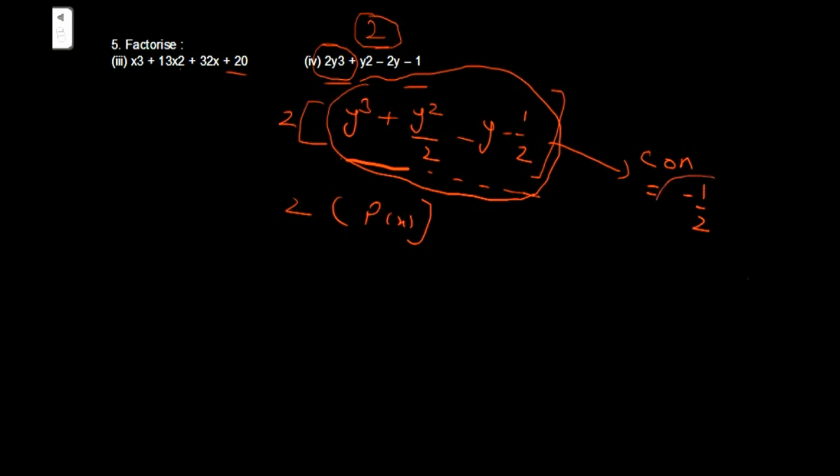I will check the value of this polynomial for all the factors of this 1 by 2. So factors of 1 by 2 can be minus 1 by 2, multiplied by minus 1, 1 by 2 and minus 1. So for that you will check and you will find out the factors of these terms.